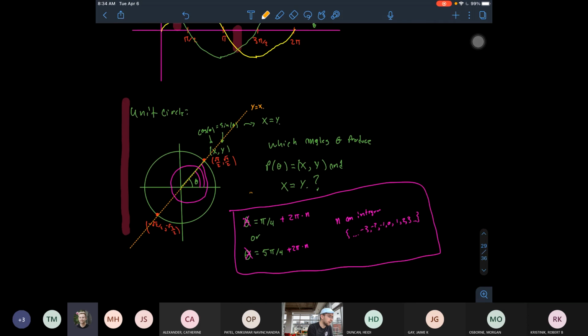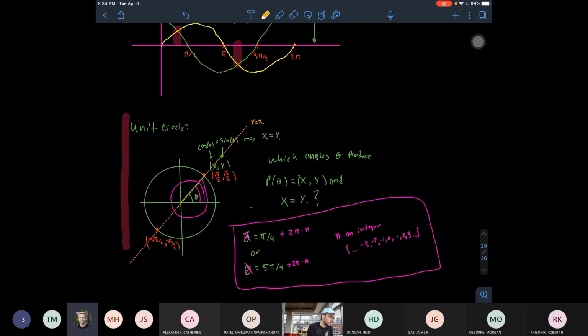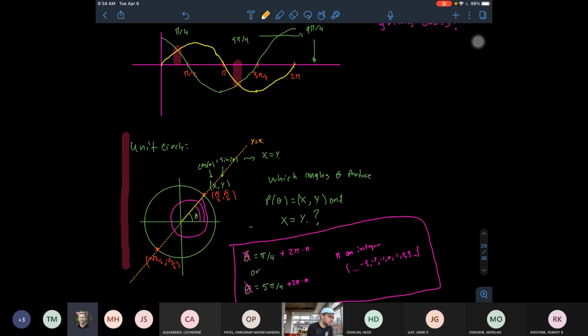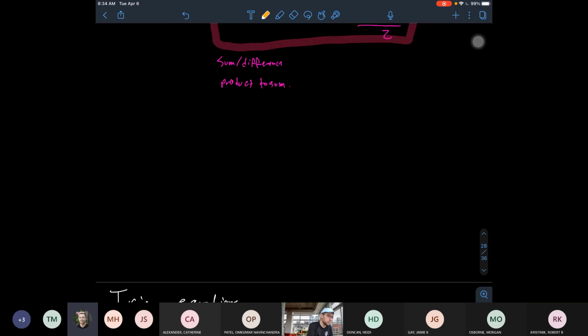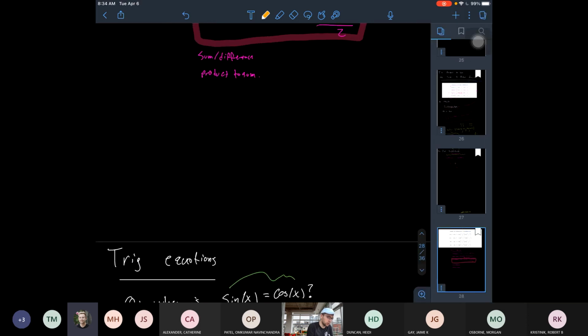Or we can take a look at the unit circle and interpret what it means for sine and cosine to be equal. It means that the x and y values of the point on the unit circle are equal to one another. We can think about the 2 places on the unit circle where that happens, and consider the values of all the angles which point in those 2 directions. So this was how we finished up, and maybe I'll return to this in a minute and say a little bit more about it.